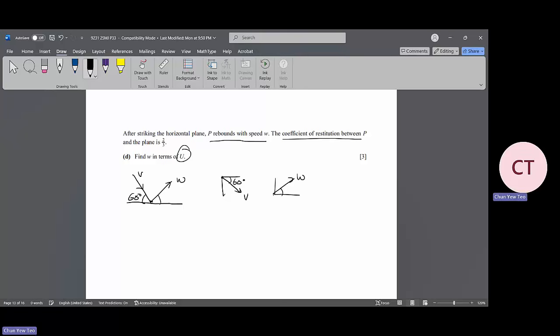This angle is, actually, we do not know. So we know that the horizontal component remains the same. If we consider the horizontal, you have V cos 60 equal to W cos alpha.